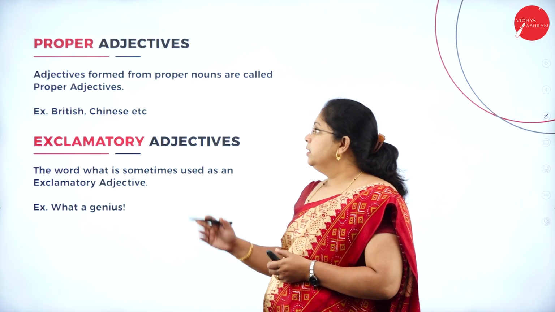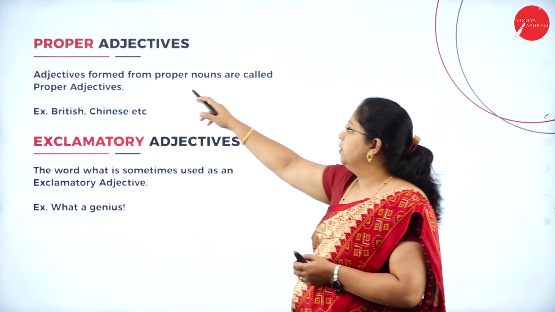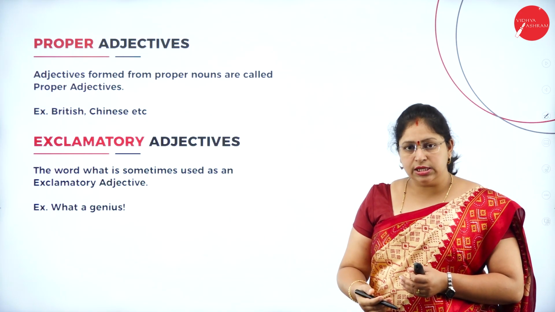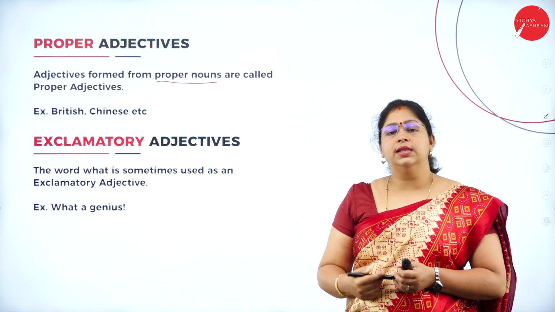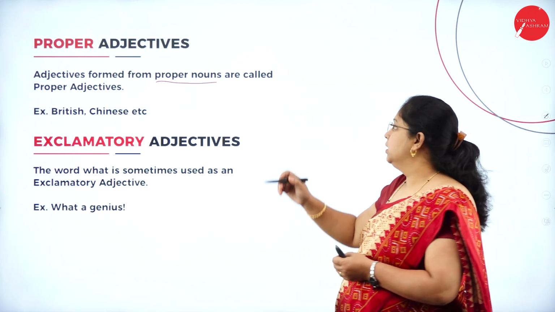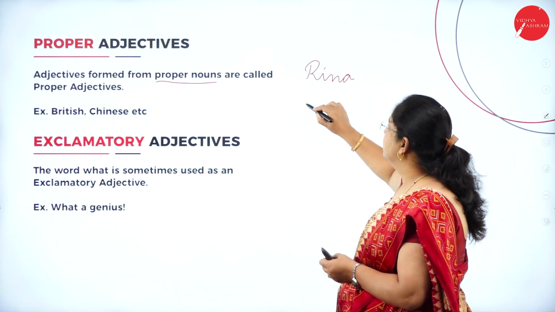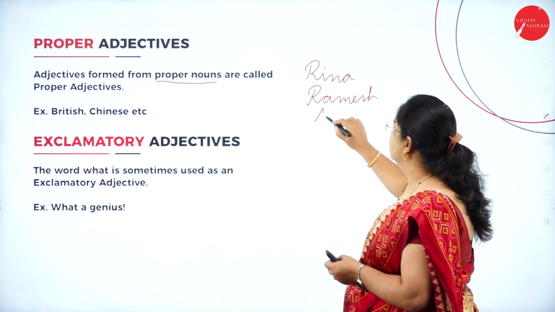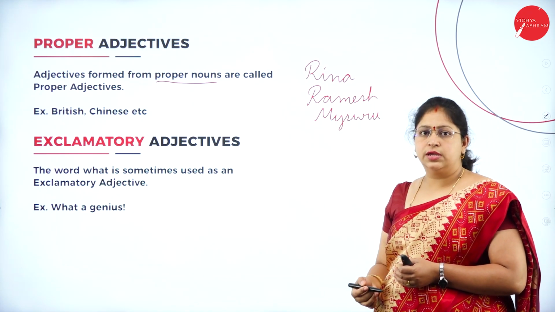Okay. Next, we will see proper adjectives. Adjectives formed from proper nouns are called proper adjectives. To understand this better, we should know what proper nouns are. Proper nouns are the specific name of a person, place or thing. Correct? Like if we call Reena, Ramesh, MYSURU, all these are proper nouns, correct?